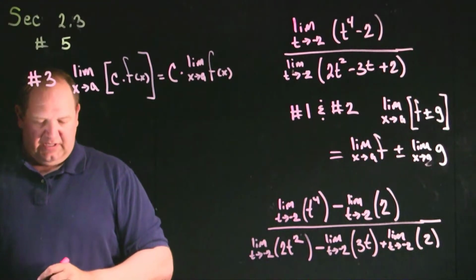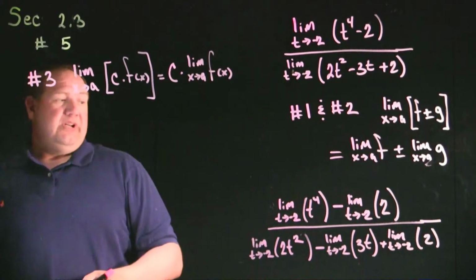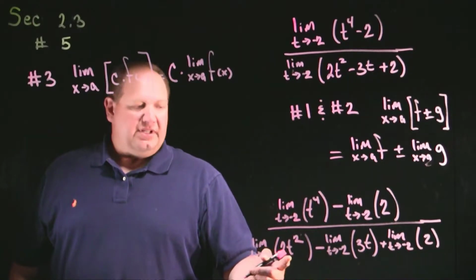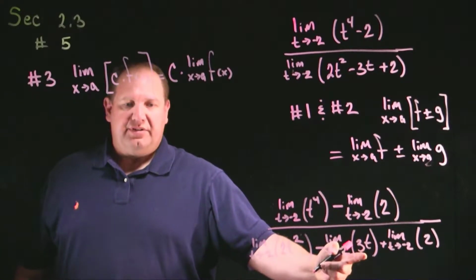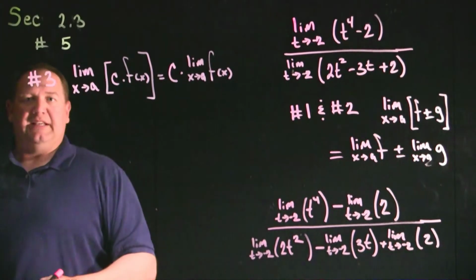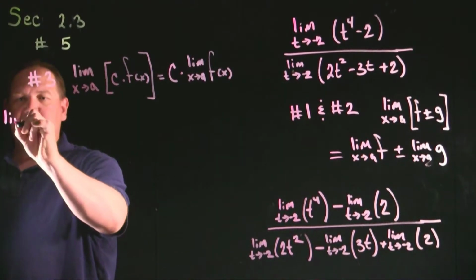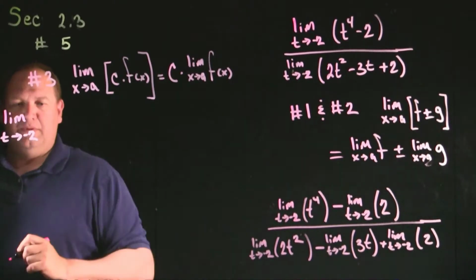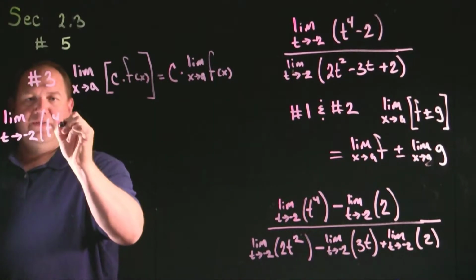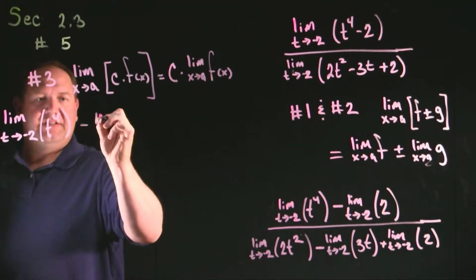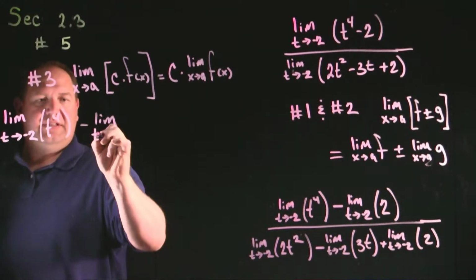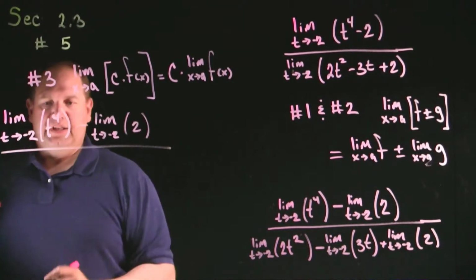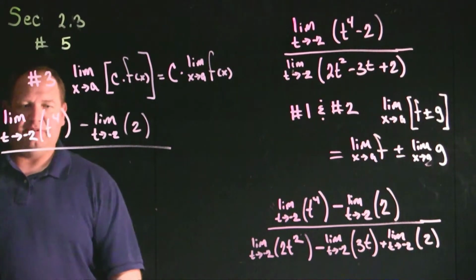Okay? So I'm going to do that with some of the terms. I'm going to do it here, and I'm going to do it with this term. So let me rewrite that. The limit as t approaches -2 of t to the fourth minus the limit as t approaches -2 of 2. Then I'm going to apply limit law number 3.